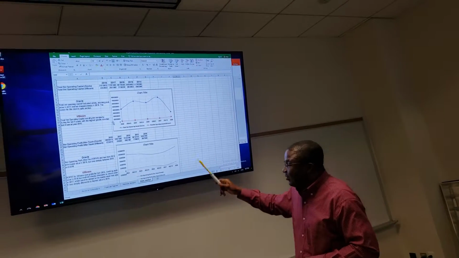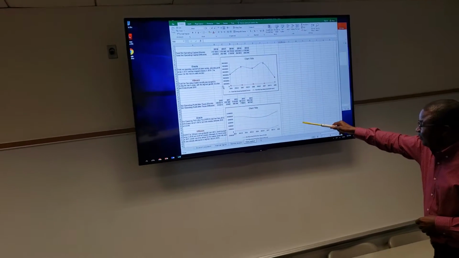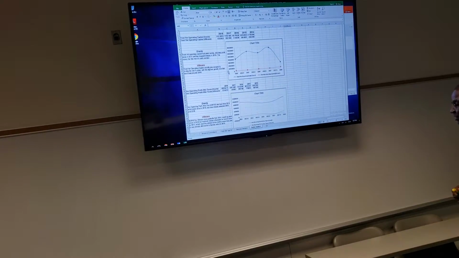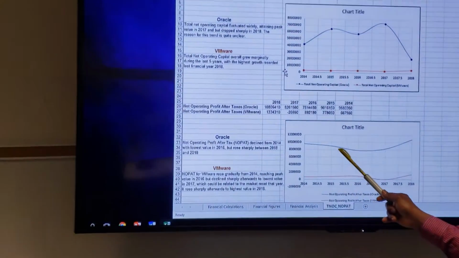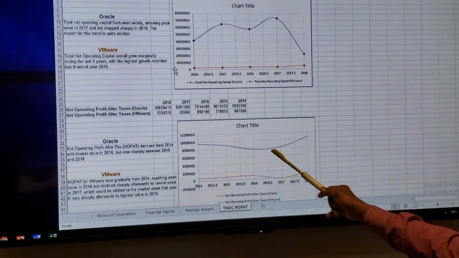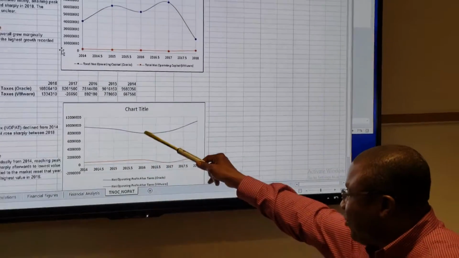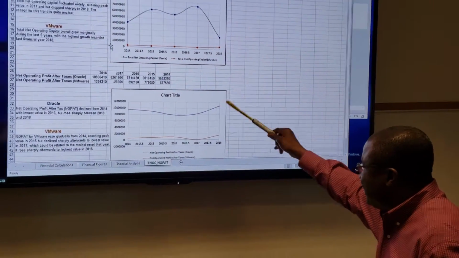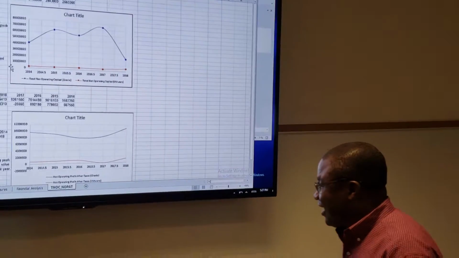And then also looking at the net operating profit after tax, NOPAT, you can see the blue is Oracle and the orange is VMware. There's a steady, slow decline of NOPAT for Oracle, and it bottomed out around 2016. After that it started picking up in 2017, and it grew quite rapidly in 2018, as was reflected in this past year.